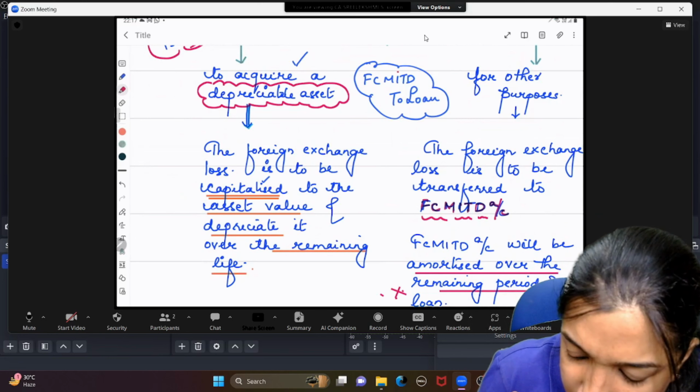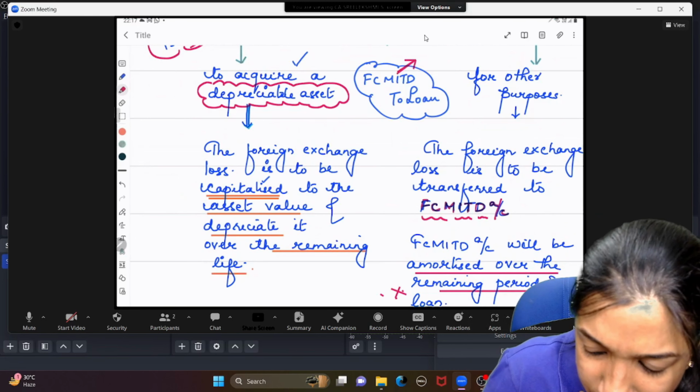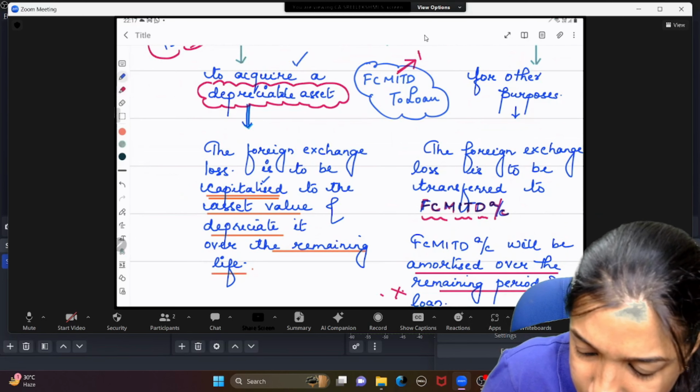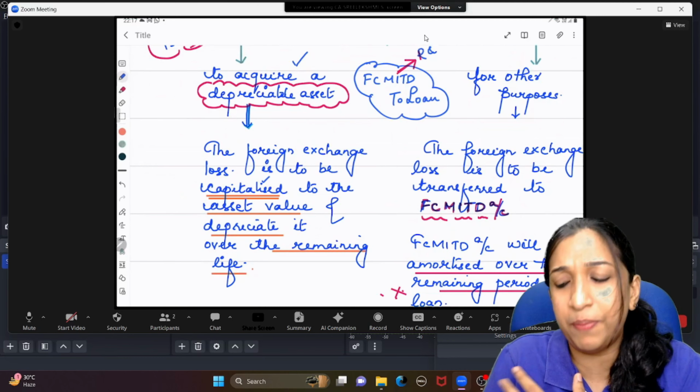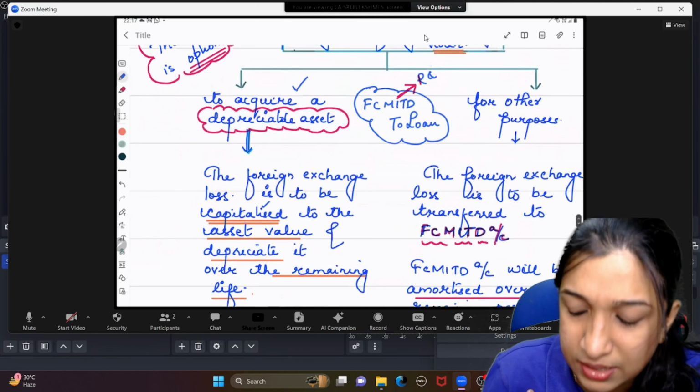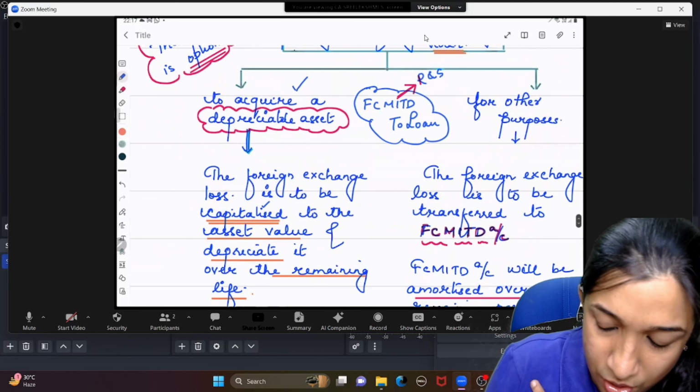So till that date, this FCMITD will be shown under reserves and surplus, as a debit balance.